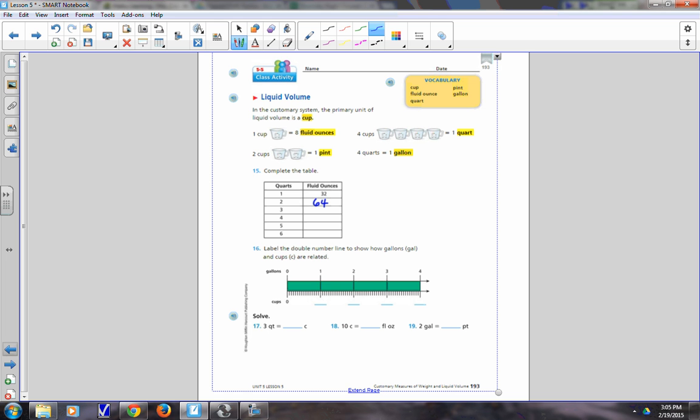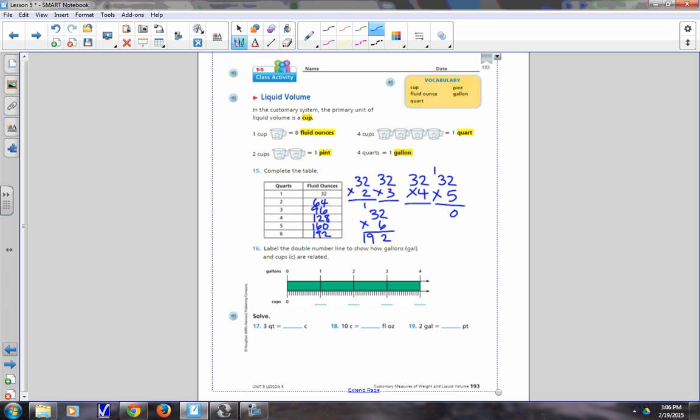I did 32 times 2. 32 times 3, 96. 32 times 4, 128. 32 times 5, 160. 32 times 6, 192.